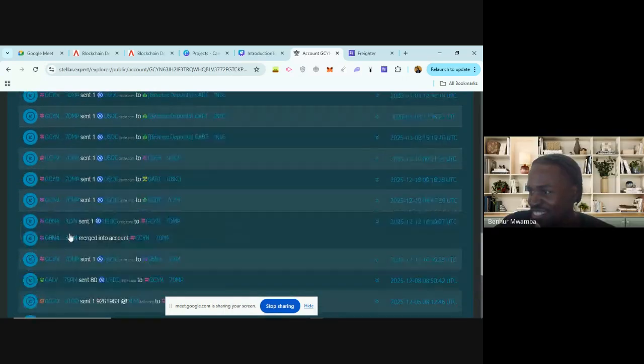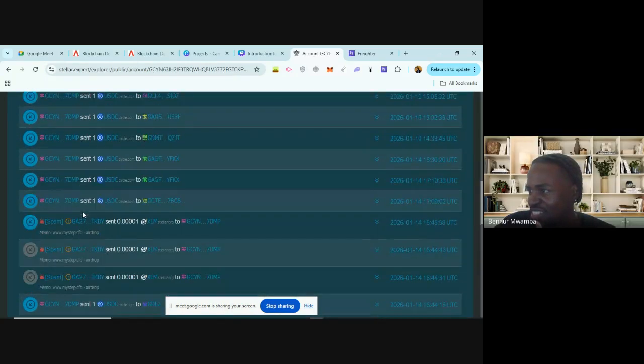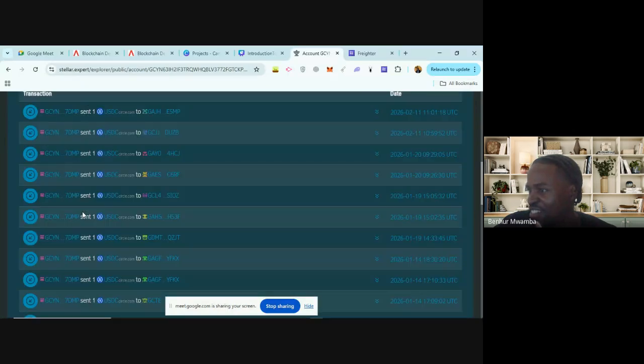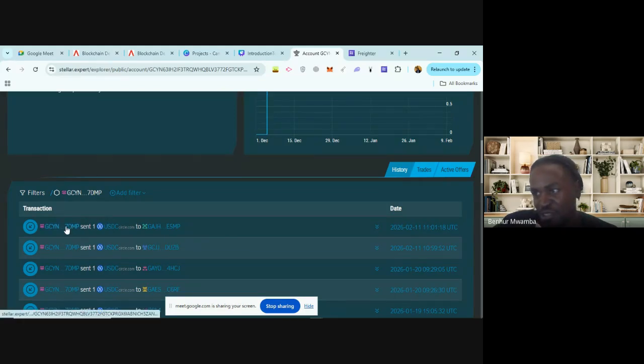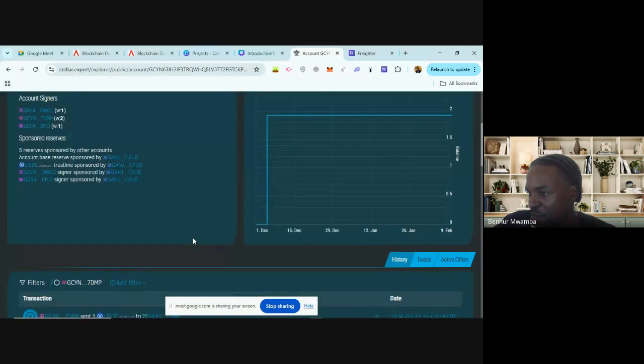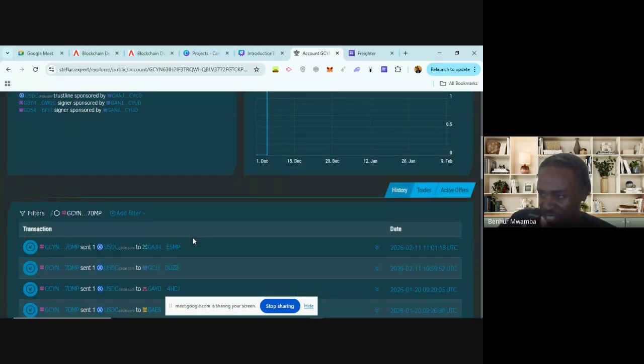Yeah, so it's a lot of $1 that has been sent. You can see the time. We're not going to know exactly who sent it, but we just know the address and all the transactions that it has ever done.